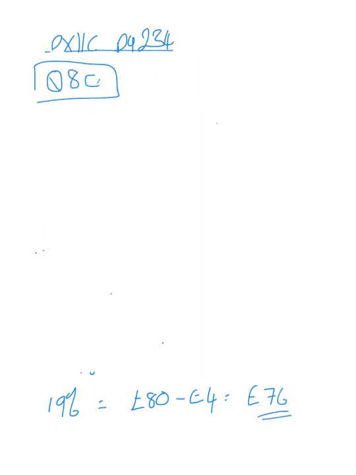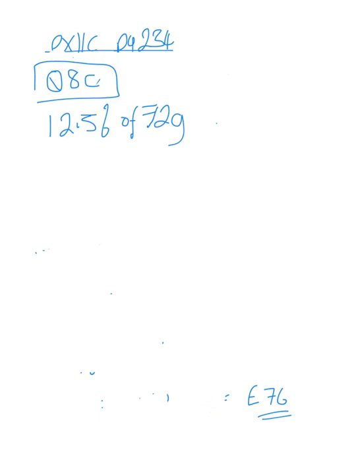Now jumping over to question 8C. 8C says work out 12.5% of 72 grams. Looking at that number, I can see that 12.5% is actually half of 25%.